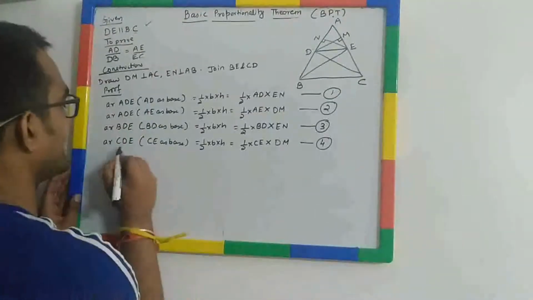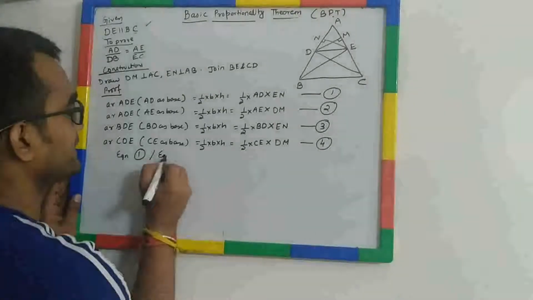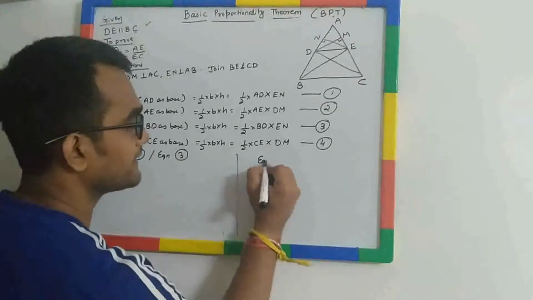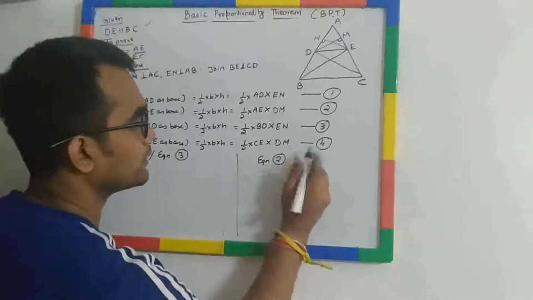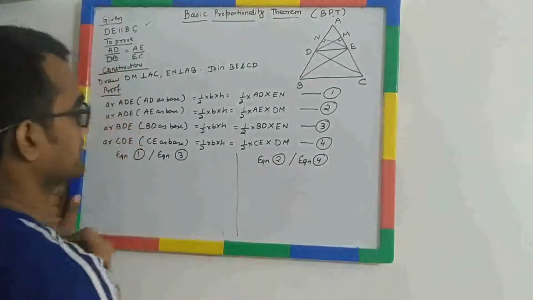Now I will divide equation 1 by equation 3 and I will divide equation 2 by equation 4.